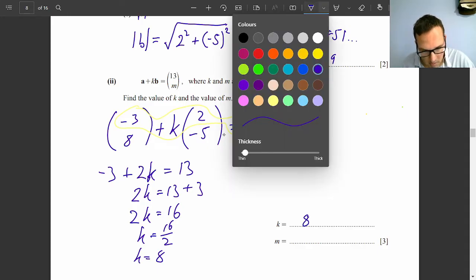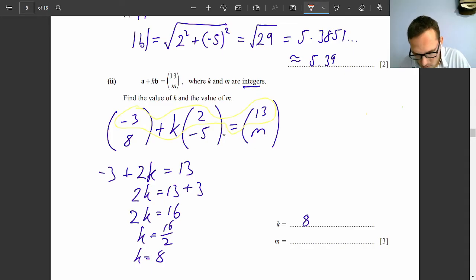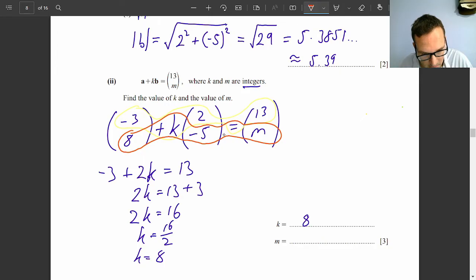Okay, now we do the same we did before. We can know that the 8 plus the k times minus 5 should give us m. So we can write that equation down. So that will be 8 plus k times minus 5 is minus 5k equals m. Now remember, a plus and a minus is the same as a minus.